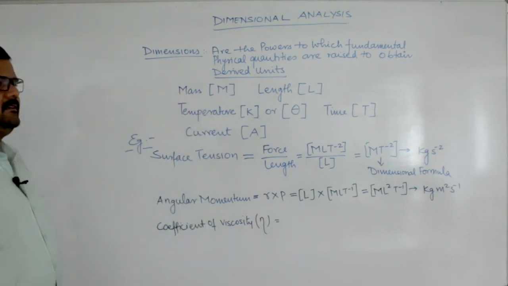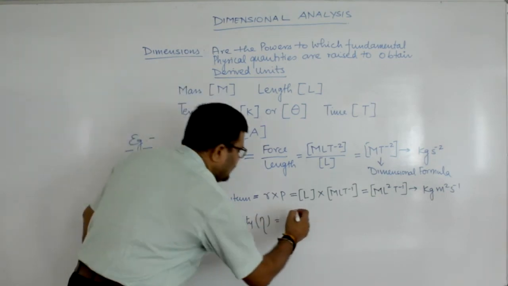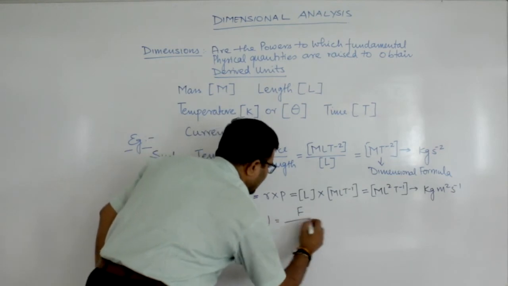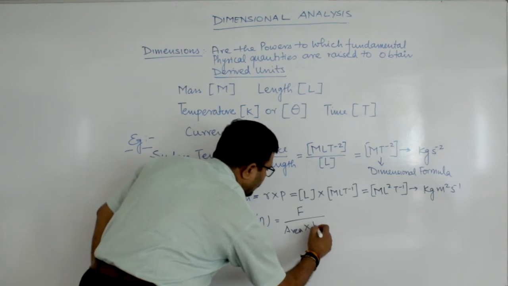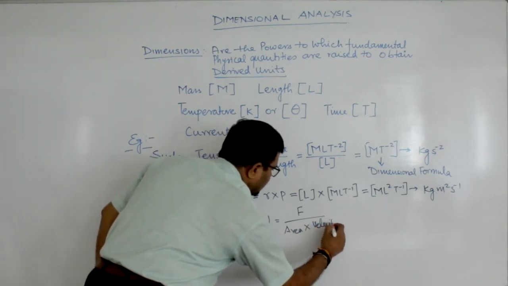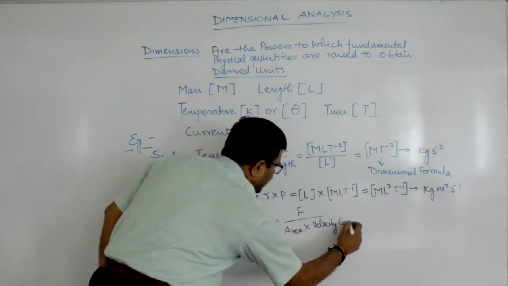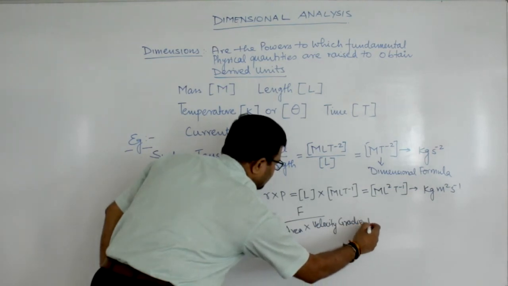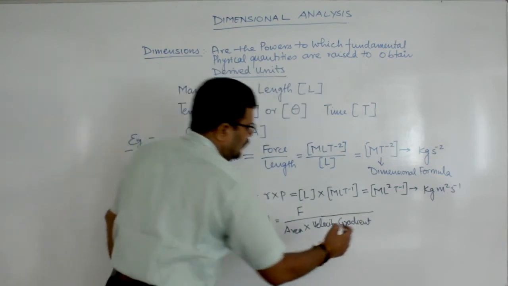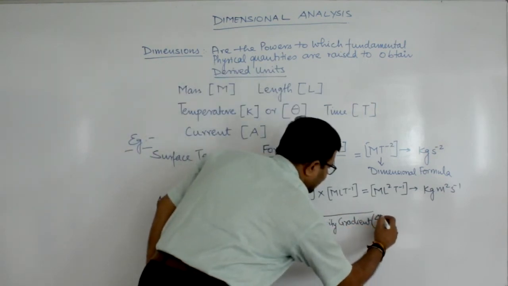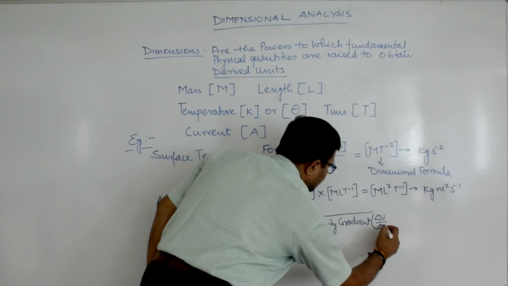Coefficient of viscosity, you must know the formula. This is force upon area into velocity gradient. What is velocity gradient? Velocity gradient is change in velocity with respect to distance.